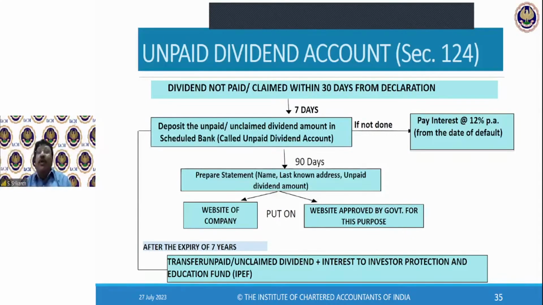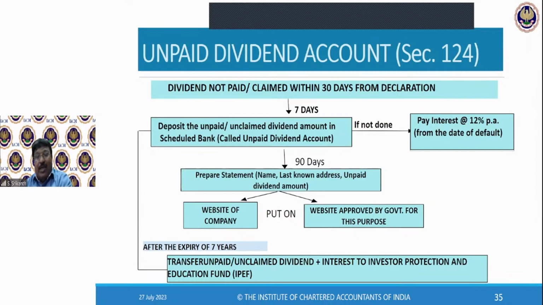In that form, you have to mention clearly your folio number, when this was transferred, how much is pending, etc. Then you have to give your proof. You have to submit an affidavit to the company along with an indemnity bond and proof of your identity, and then the company will inform the IEPF, wherein the IEPF will say, this is a genuine case, kindly retransfer.